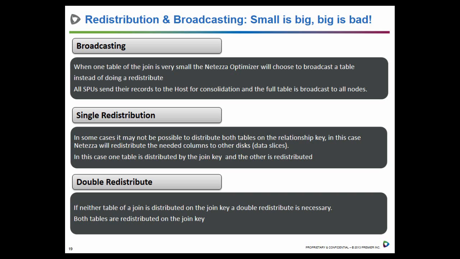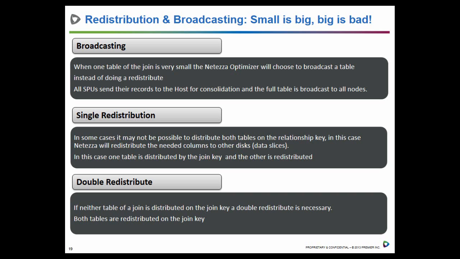And we'll allow that distribution to occur because it's not that bad for Netezza to redistribute that data. In this case, one table is distributed by the join key and the other table is not distributed by the join key. ICD-10 is not distributed by the join key, whereas encounter SK is being used in our distribution. So that will obviously cause some redistribution.